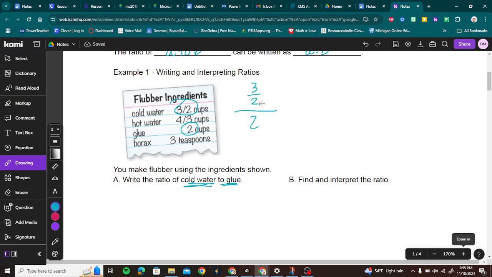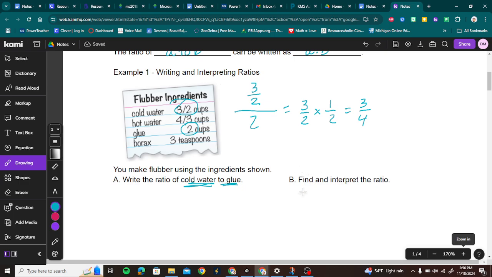But this we want to make into a simplified fraction, so we'll go 3/2. Division's inverse is multiplication. 2's reciprocal is 1/2. So we have 3/2 times 1/2, which is 3/4.